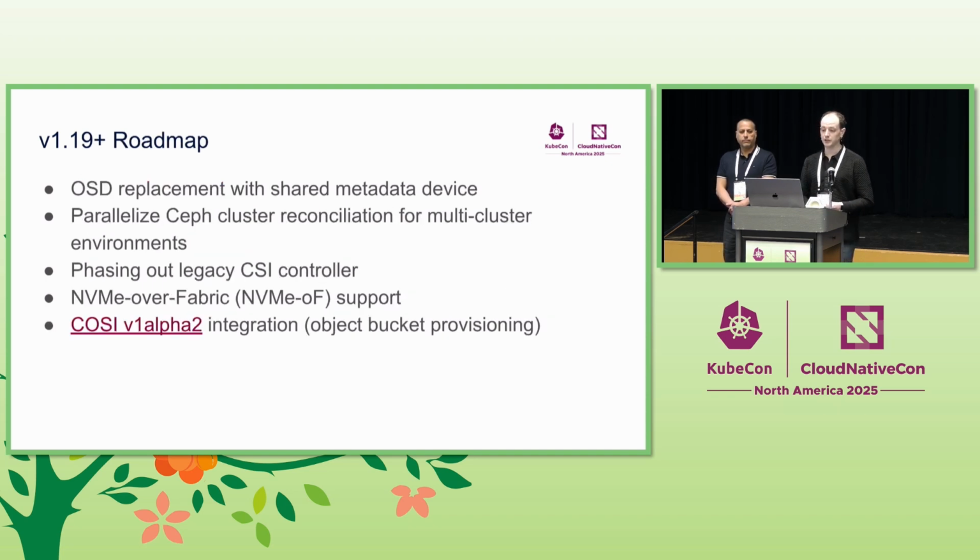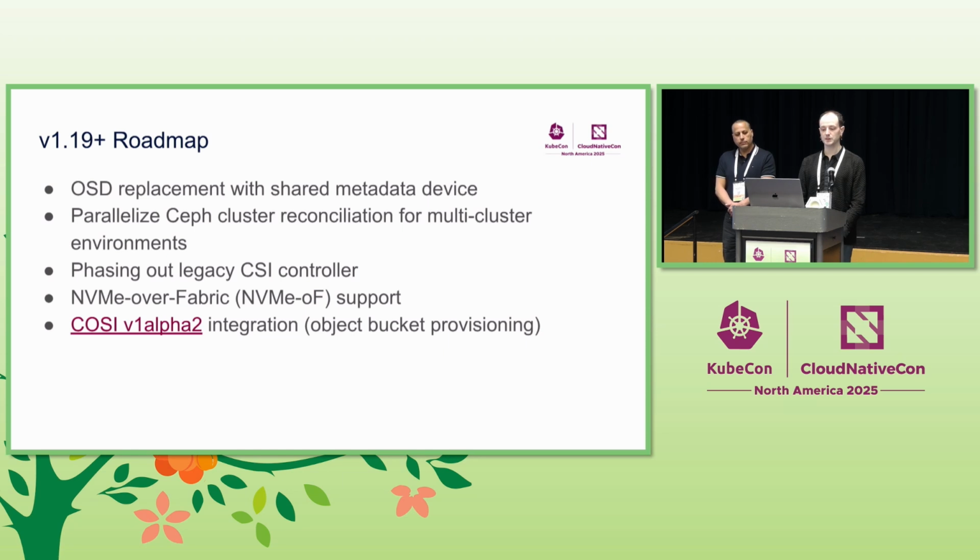Looking into the future, something we've been trying to work out for a while is replacing OSDs that share a metadata device. This is something we're really hoping to get in for 1.19. And also looking into, for the bigger users of Rook that have multiple clusters, being able to parallelize some of the Ceph cluster reconciliation.